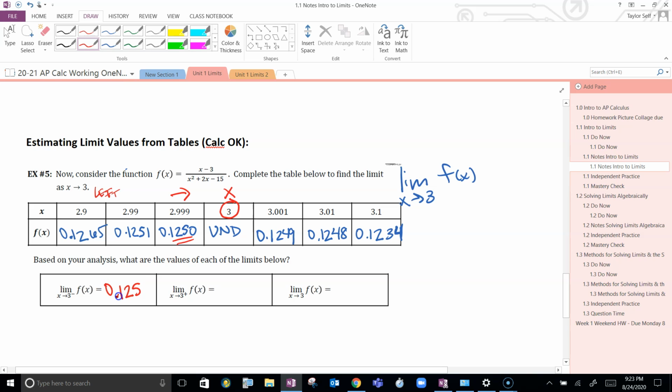Alright, now let's do the limit as x approaches 3 from the right. I'll do this one in green. We're coming from the right-hand side now. This is the right side of the table, which is also the right side of the graph. So we are coming from the right, moving closer to x equals 3. 3.001 is super close to 3. It's just to the right of 3, like on a number line. And our y value is 0.1249.